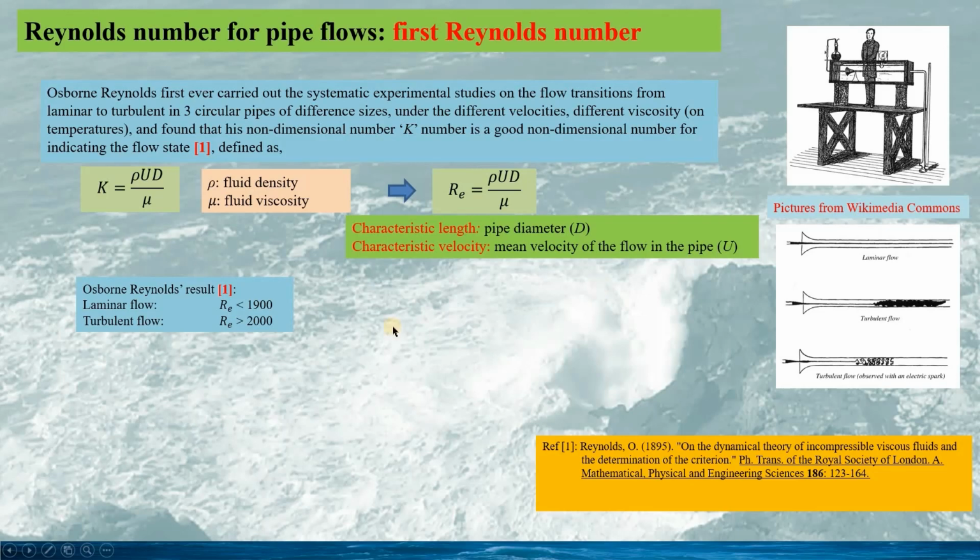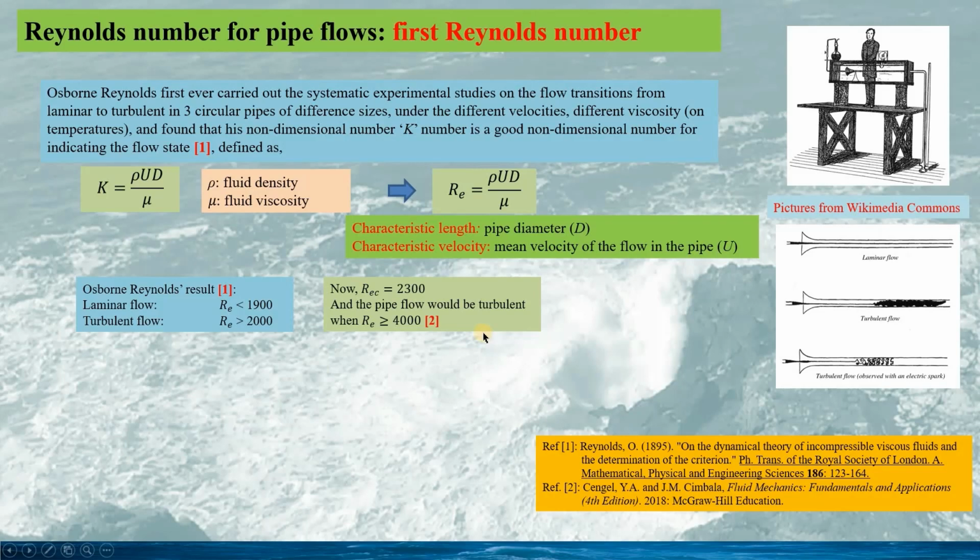Based on his experiment, he could show when the Reynolds number is less than 1900, the flow would be laminar, and when the Reynolds number is larger than 2000, the flow would be turbulent, and in between the flow is in transition from laminar to turbulent. In modern fluid mechanics, the critical Reynolds number in the pipe flow is 2300.